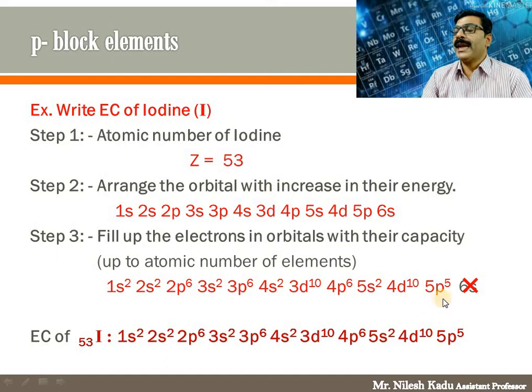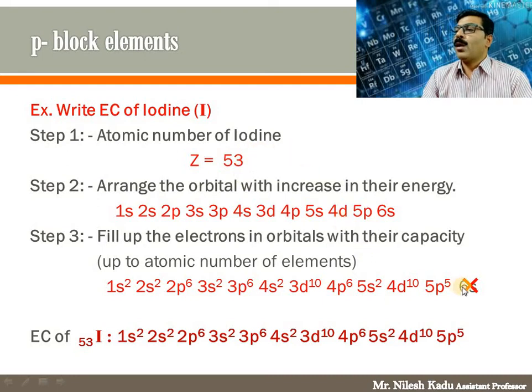So 5 electrons are remaining and they are filled in the 5p orbital, meaning the 5p orbital contains the remaining electrons, that is 5, and so the total number of electrons is 53, which is equal to the atomic number of iodine.